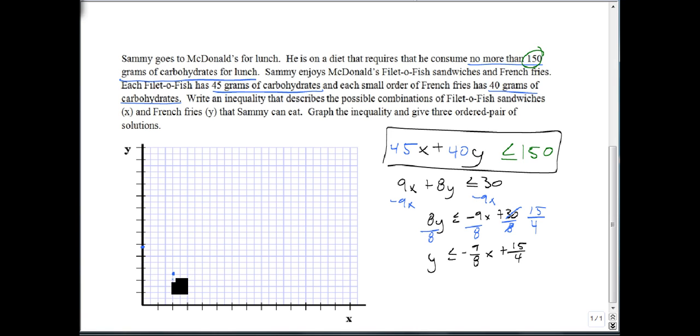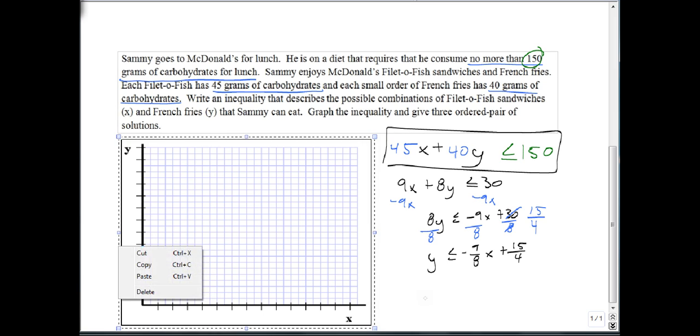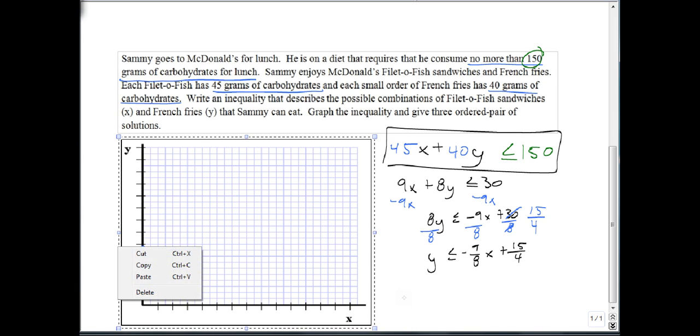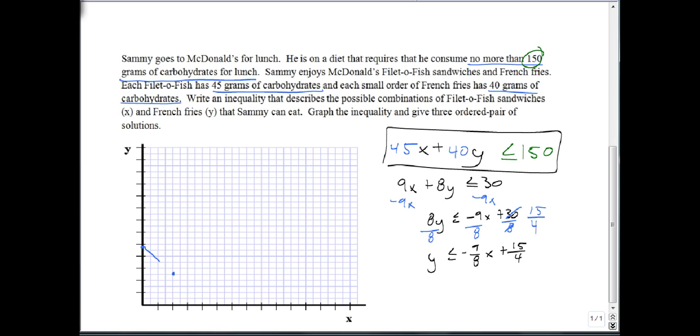And down 1, 2, 3, 4, 5, 6, 7, 8, 9 puts us here, and then over 8 puts us here. And we can draw our line through that.